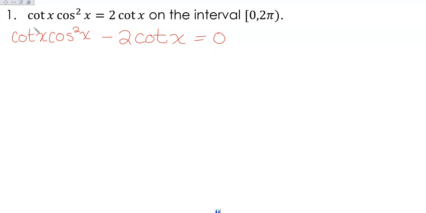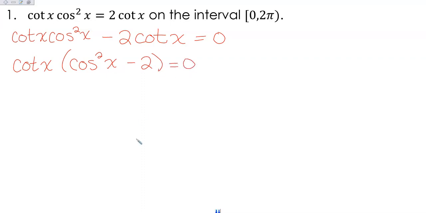Now, what you should notice is that we have a cotangent of x here and a cotangent of x here. So we did this when we were simplifying all of those expressions already, where we factored out that cotangent. So I'm going to get the cotangent of x times the cosine squared of x minus 2 is equal to 0.